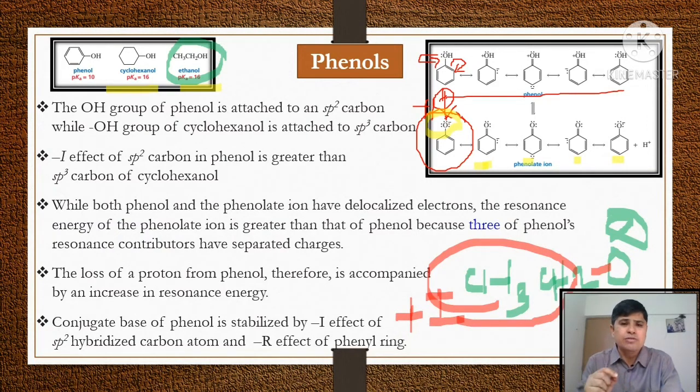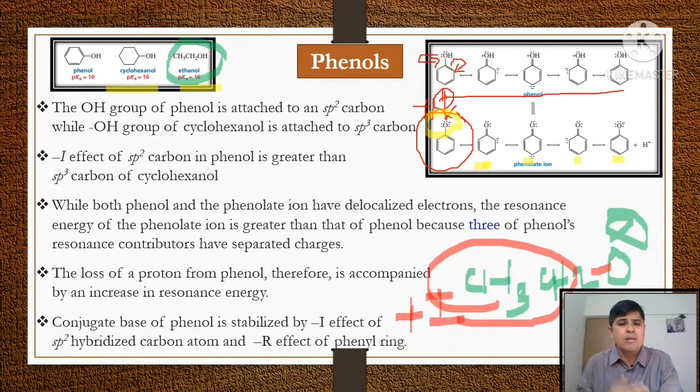That negative charge will get delocalized over the carbonyl group of the benzoate anion, so that the negative charge is stabilized over another electronegative oxygen atom. There is formation of two equivalent resonating structures of the conjugate base of benzoic acid. Hence benzoic acid, or a carboxylic acid, is stronger than phenol.